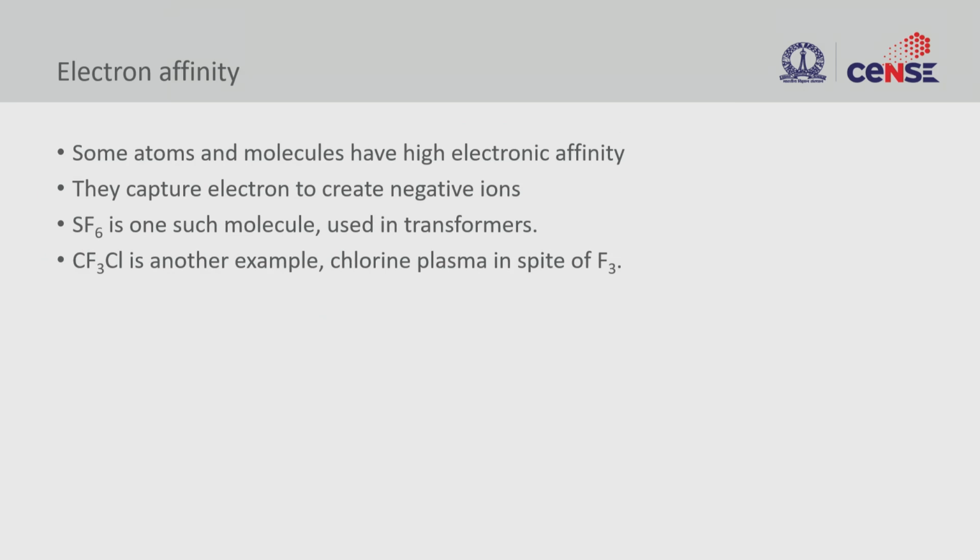As I mentioned, different gases or molecules have varying levels of electron affinity. High electron affinity means it will take all the electrons, it will suck up all the electrons, so it can become electronegative later on. One good example is SF6 gas, which has very high electronegativity, and that is the reason why we use this gas in transformers. In very high voltage transformers, you constantly lose electrons, and they are accelerated as well.